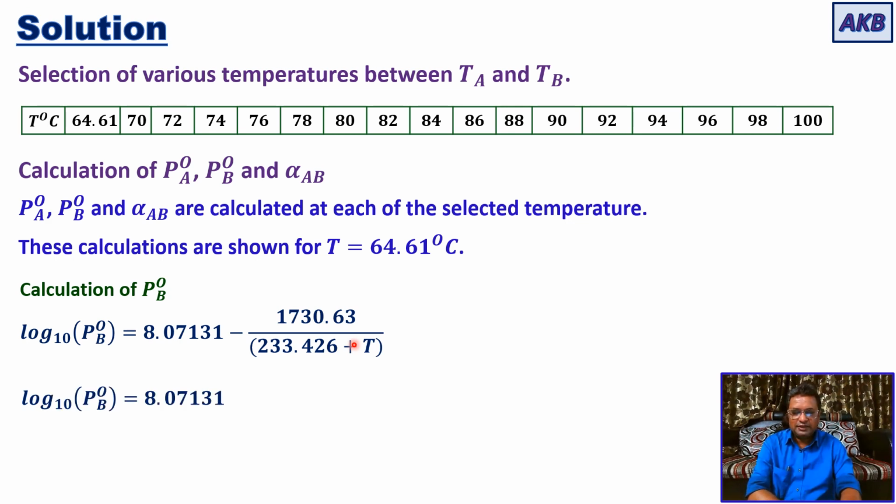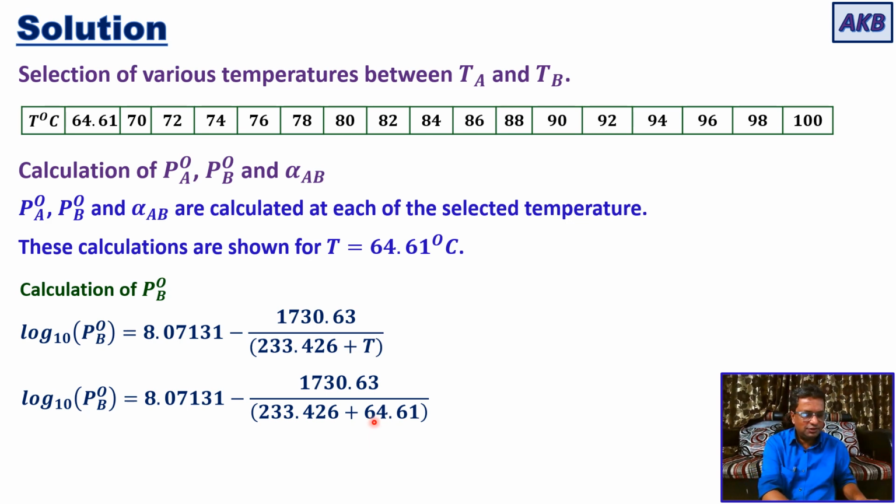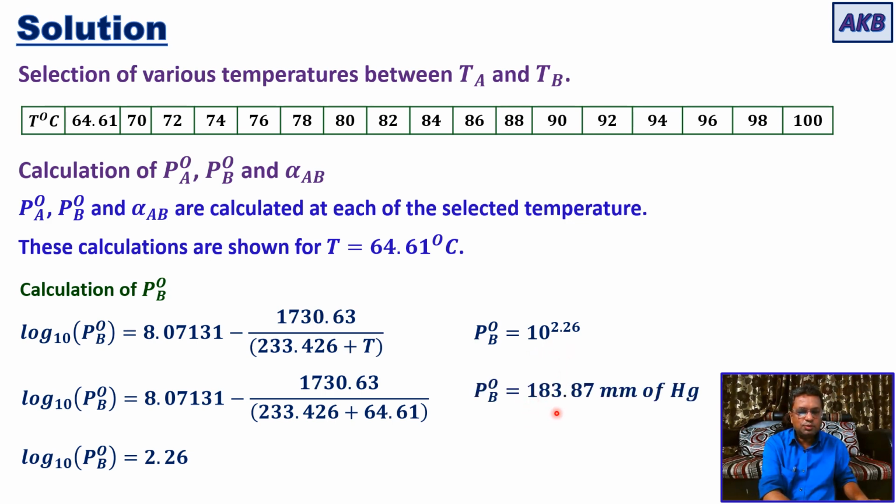If I do that, I will be getting this equation. So I have replaced T with 64.61, and that gives me log to the base 10 of PB naught is equal to 2.26, which gives PB naught is equal to 10 to the power 2.26, which gives PB naught as 183.87 mm of Hg. Okay, so that means the vapor pressure of water at 64.61 degrees Celsius is 183.87 mm of Hg.